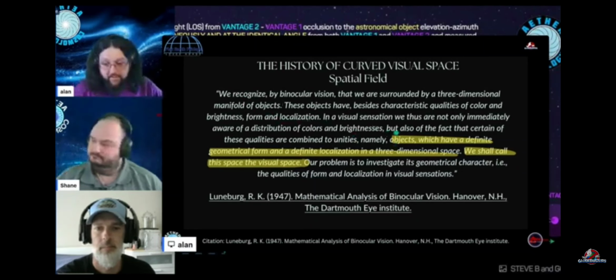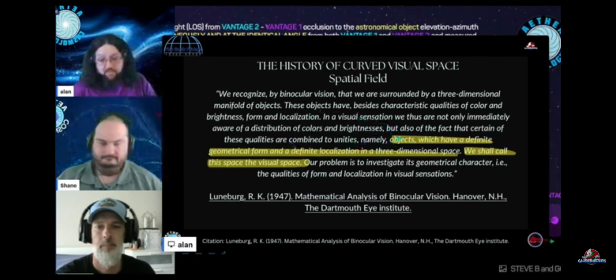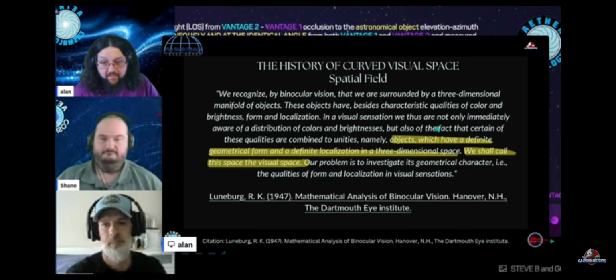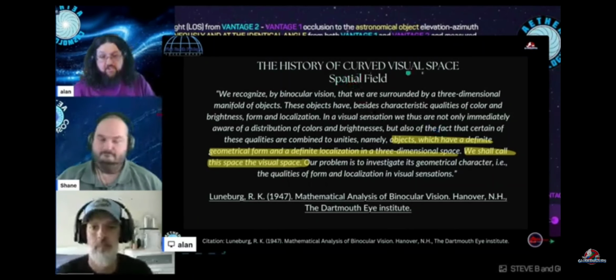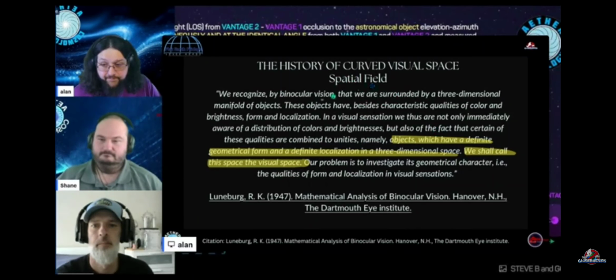So there's a lot going on when we get into optics. The field of study is psychophysics, and that is where we're going to start drawing our definitions for the spatial field here.